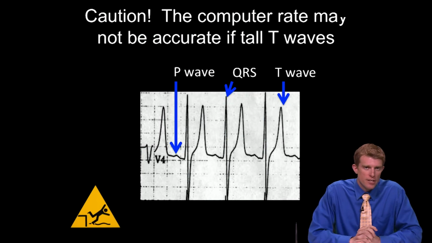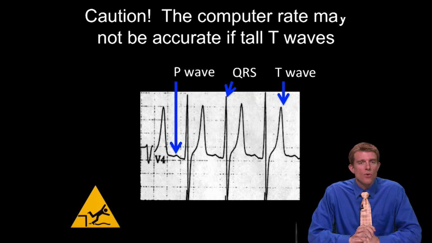The question then is, when is it not accurate? You have to be careful, because the time you'll see an inaccurate heart rate reading on either an ECG or a monitor is when it is detecting the T wave as a QRS complex as well. When you have a tall, peaked T wave, it can look like a QRS complex.